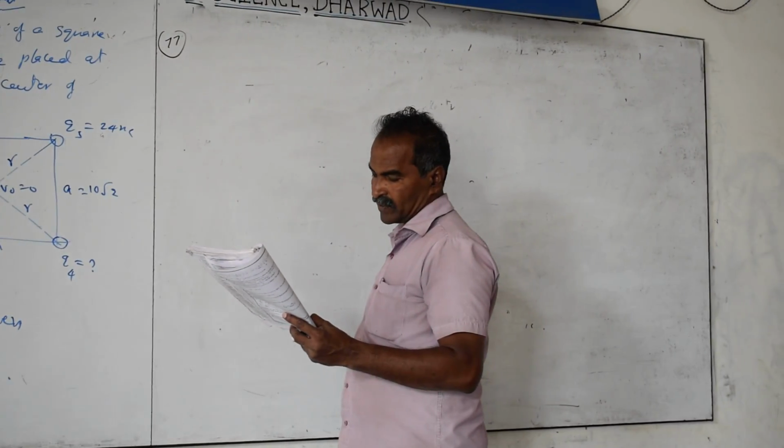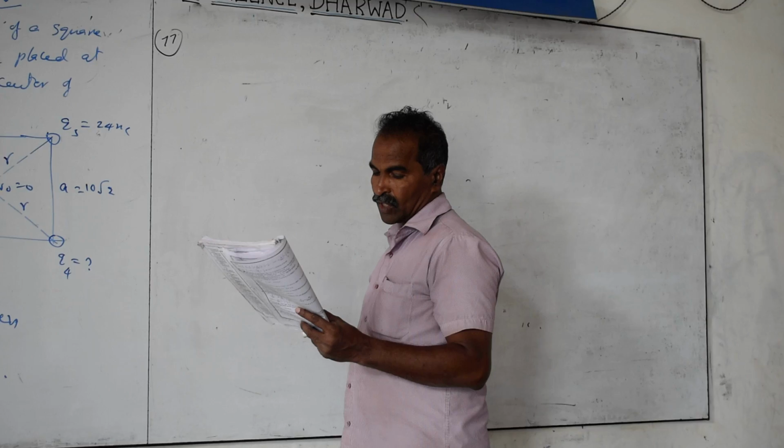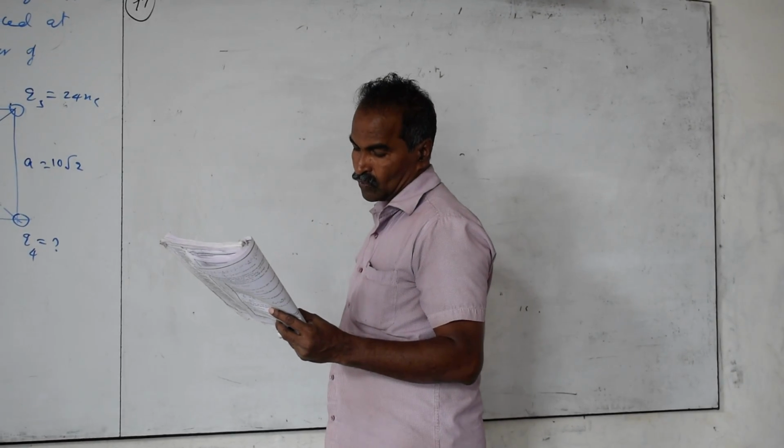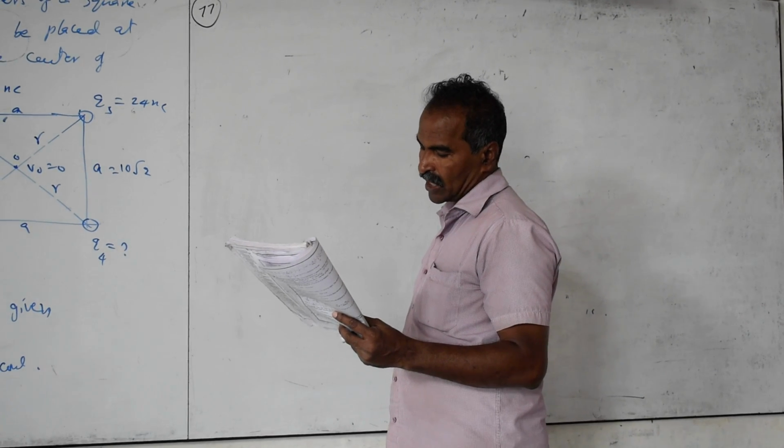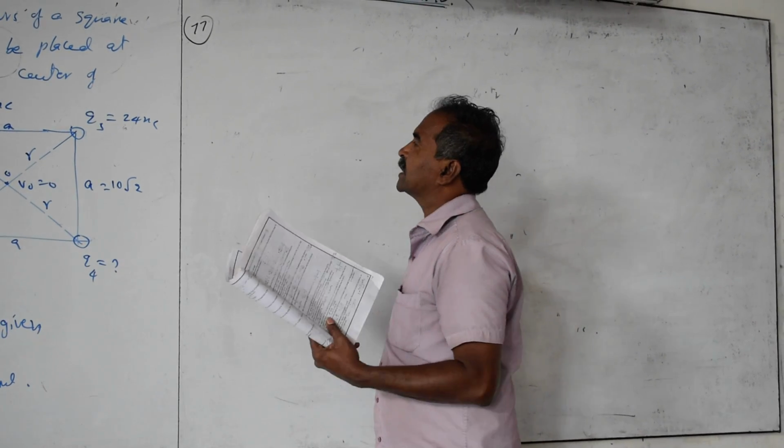The next question is 77. This is actually a basic concept question also. What is the work done to move a charge q around in a circular path of radius r with the charge capital Q at the center?